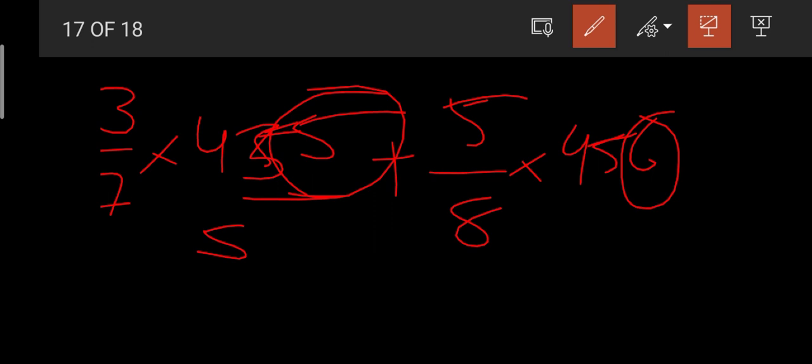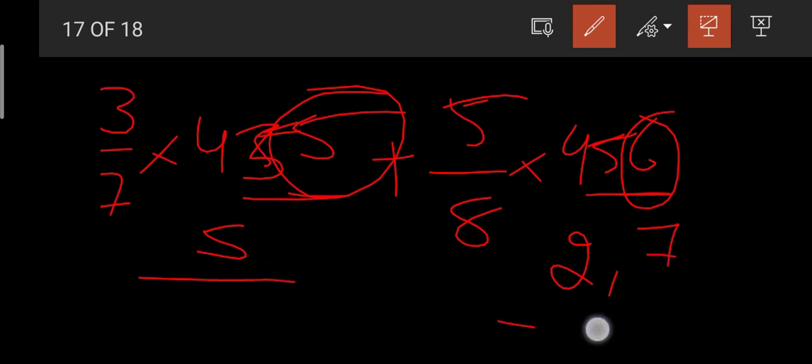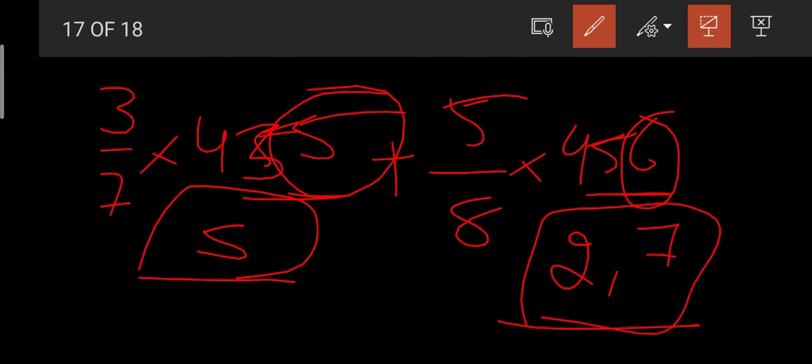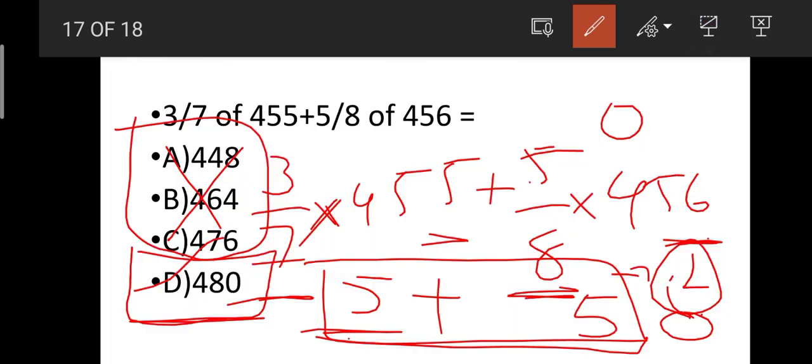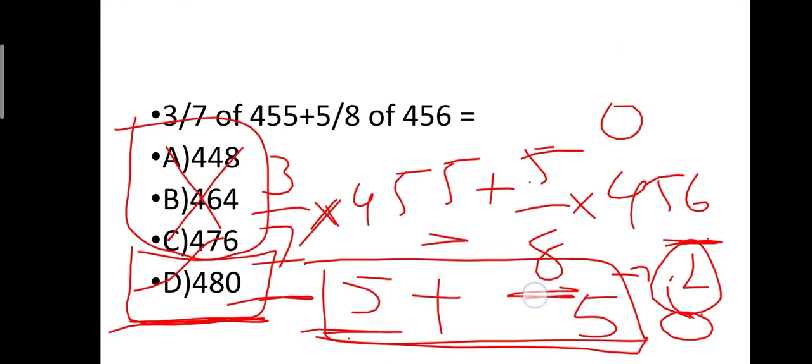Okay, for a multiple of 8 with 6 as the last digit, 8 should be multiplied with either 2 or 7. We have checked both cases, either with 5 and either with 2 or 7. Then we got the answer that the resultant should end with 0. Okay, so this will be our answer in this question. Now we will be moving to our next question.